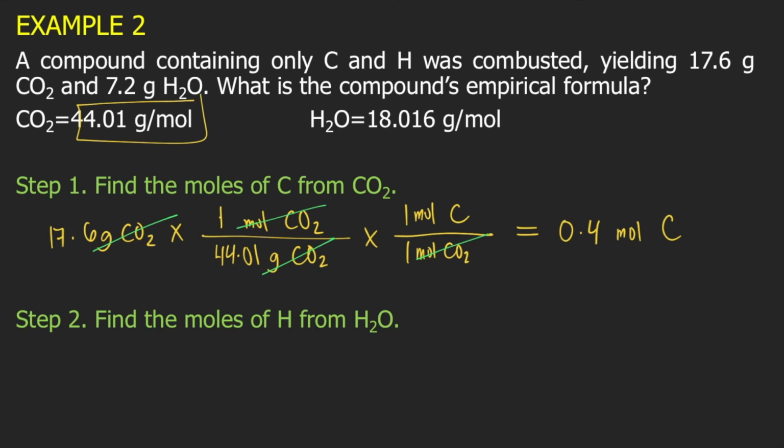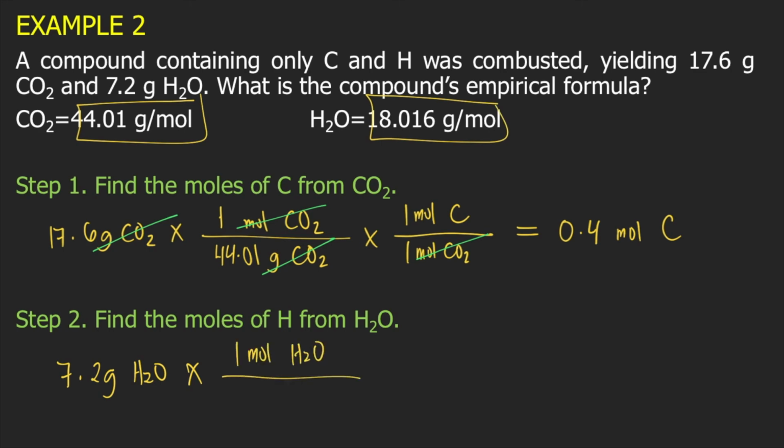So moving on to step number 2, we are given 7.2 grams of H2O. We are given the molar mass of water. 1 mole of water is equivalent to 18.016 grams of water. So grams of water cancels out.